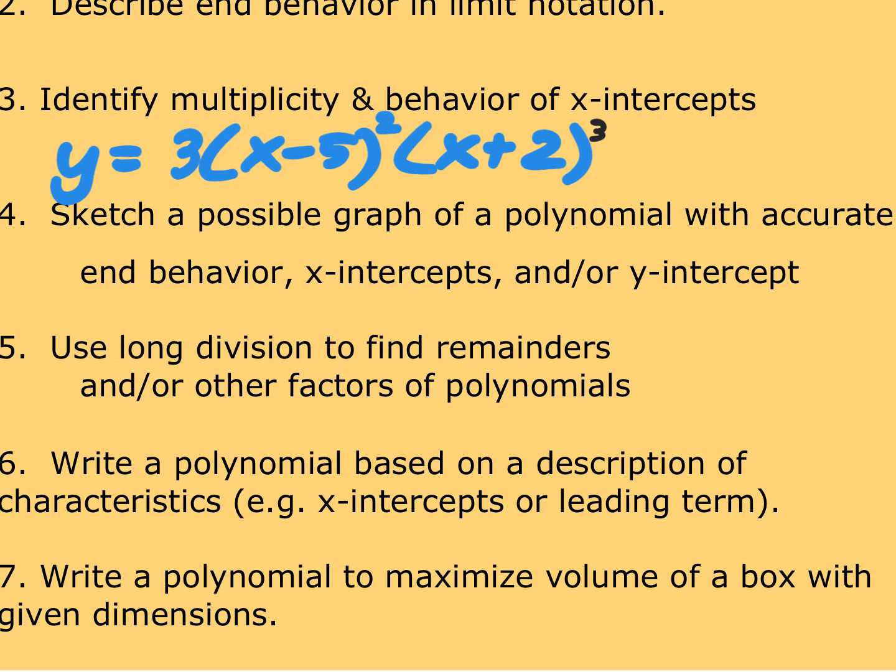I haven't heard from everybody yet, of course, so try to get your participation over with here. Tell me, what's the multiplicity of the first x-intercept? 2. All right, so you're saying that one of the x-intercepts is 5, and it has a multiplicity of 2.